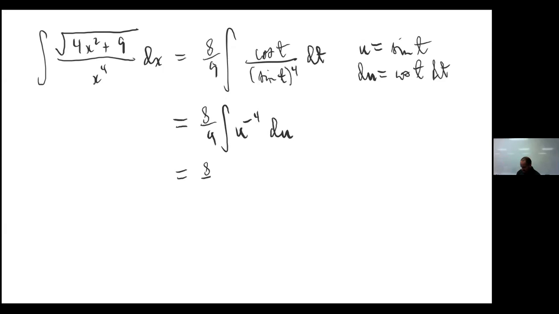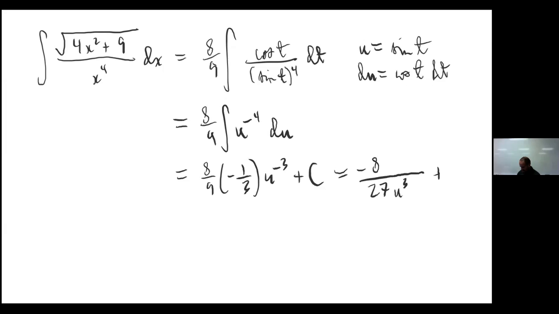So this is going to be 8/9 times negative 1/3 u to the minus 3 plus a constant, which, by the way, is just negative 8 over 27. Let me extend this line out here and write this as u cubed plus a constant.